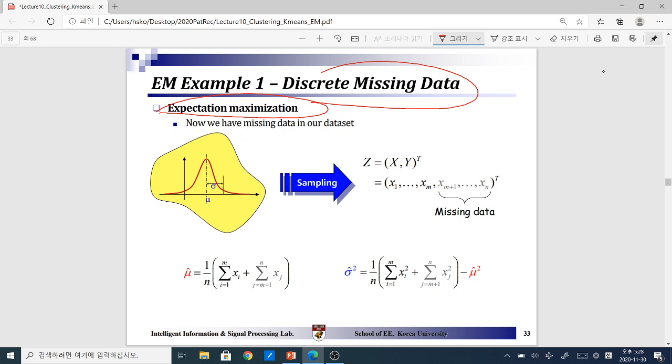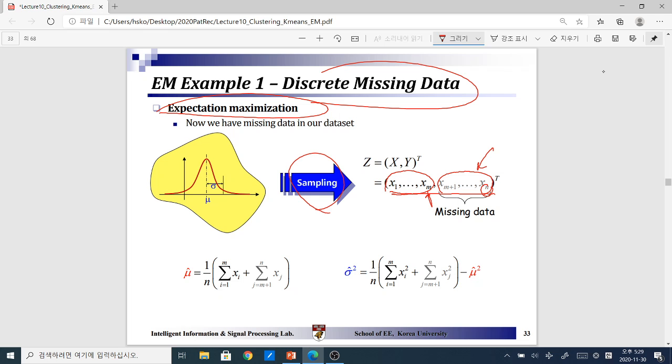So in the case of missing data, remember that we are doing sampling where we have n number of samples, however we have up to m available, whereas for all of those samples from m plus 1 to n, we know that there are samples, but we don't have the values.